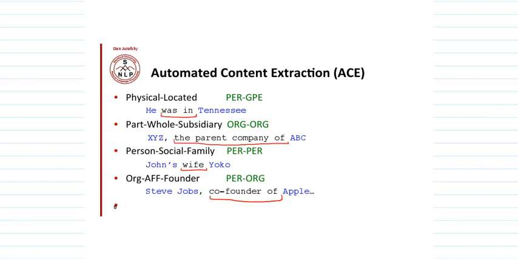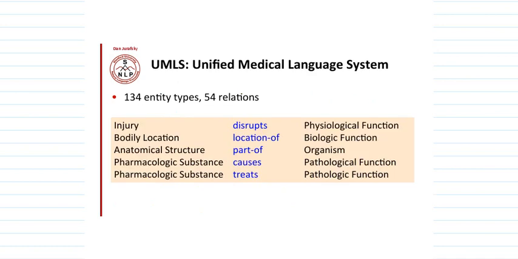Apart from this automated content extraction task, for medical relations we have the Unified Medical Language System, UMLS. This UMLS is a very standard source of medical or biomedical named entities and their relations.